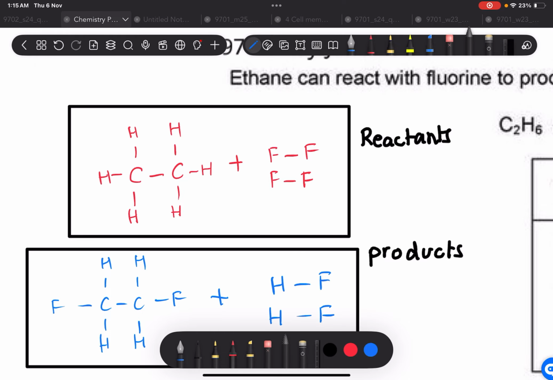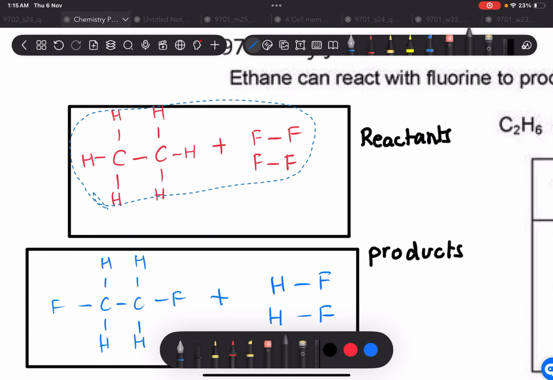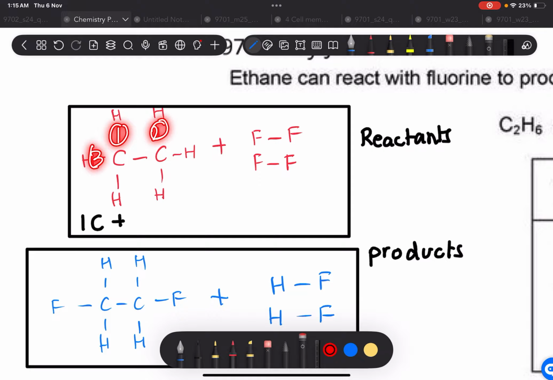Firstly, I'm going to calculate the enthalpy change for all the bonds that are being broken in my reactants. I have one CC bond in my reactant, so I'm going to write one C-C. Plus, how many carbon hydrogen bonds? 1, 2, 3, 4, 5, 6 CH bonds.